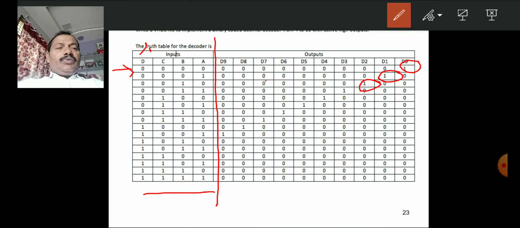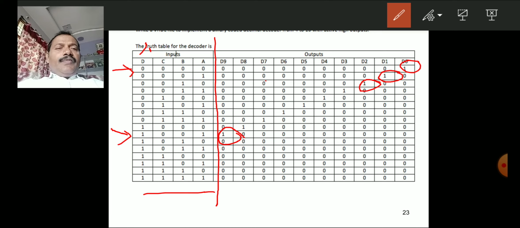Like this, you have to complete the truth table up to 1, 0, 0, 0, 1, and then 1, 0, 0, 1. When the input is 1, 0, 0, 1, the Q9 output is activated. This is very important.